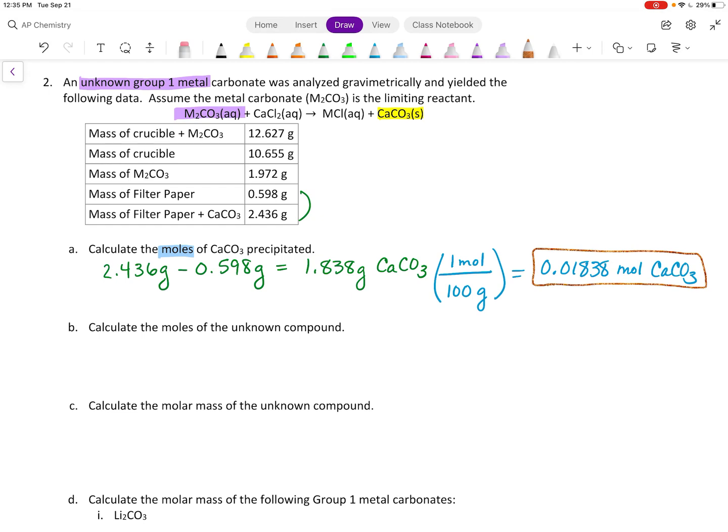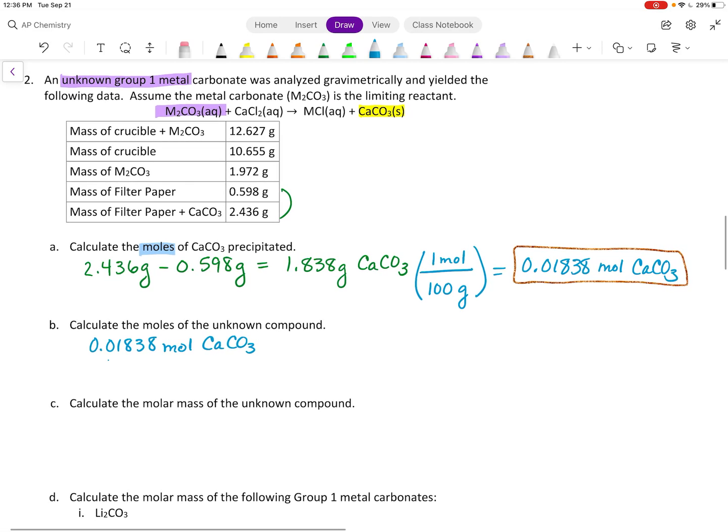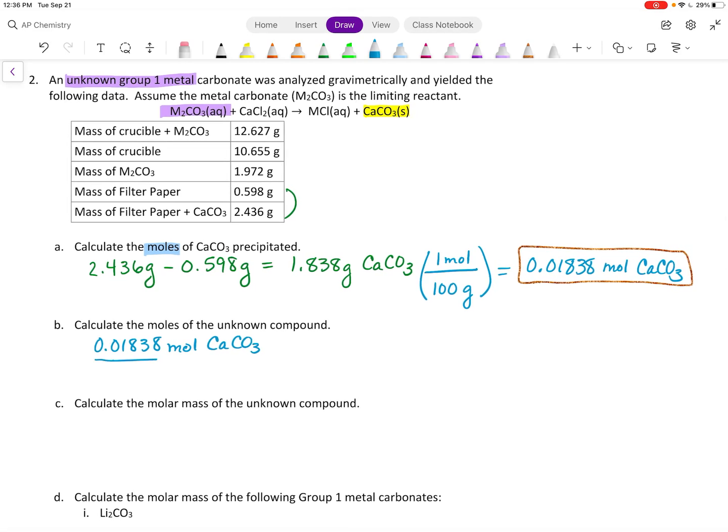Now the next question asks for the moles of the unknown, and I like to do this in here. I know they're a one-to-one relationship. You might not see this question. You might be expected to just infer this some of the time, but I like to show this because I want to make sure we understand the mole relationship, especially at this point in the year for AP. So we have 0.01838 moles of calcium carbonate. And we can go back up to our original equation and see the relationship is 1-to-1. We assume a 1 at the beginning of those.